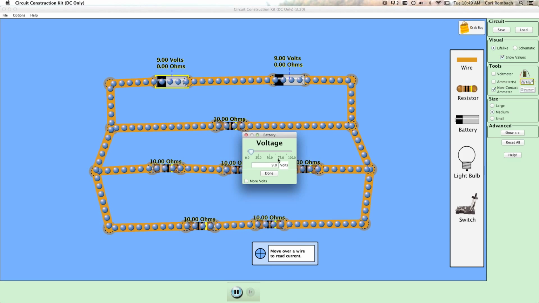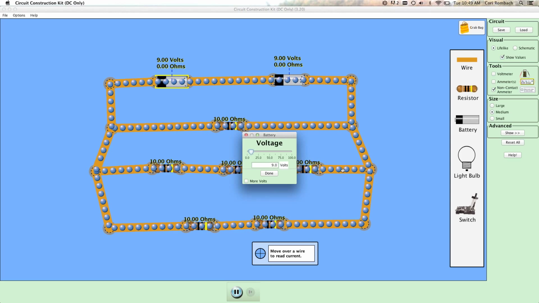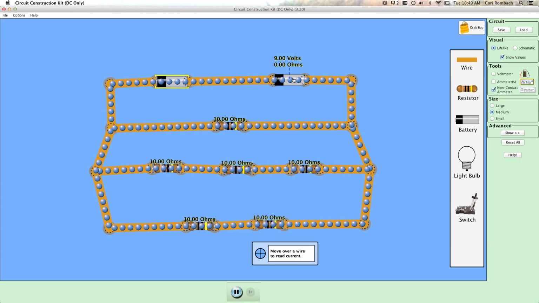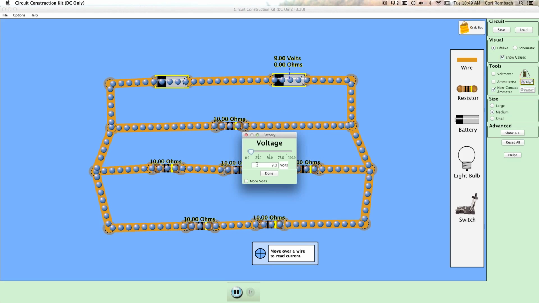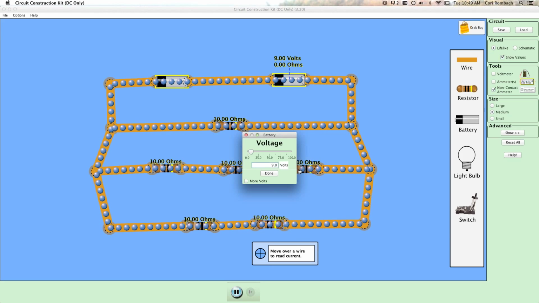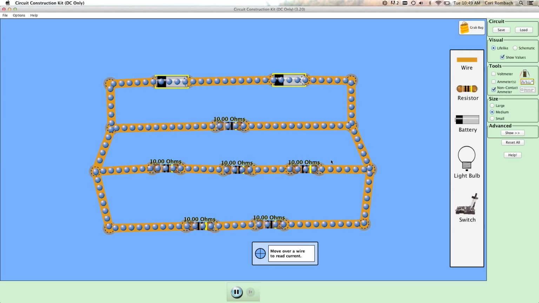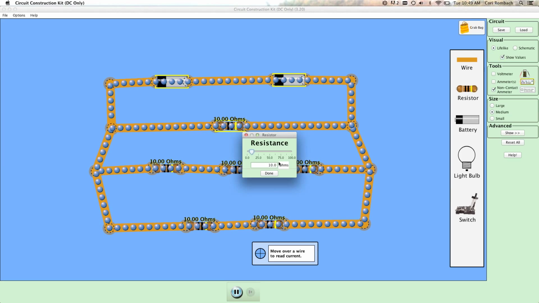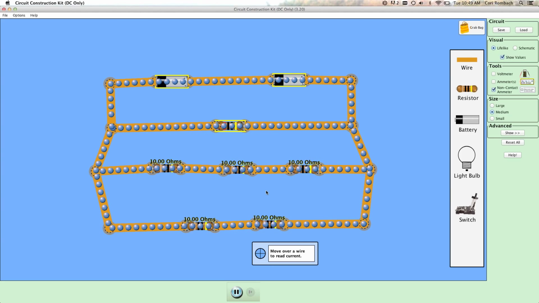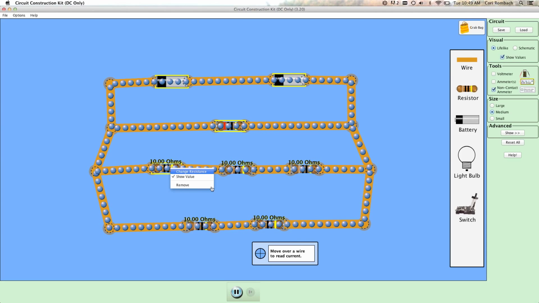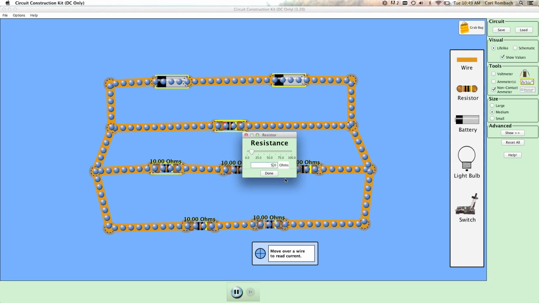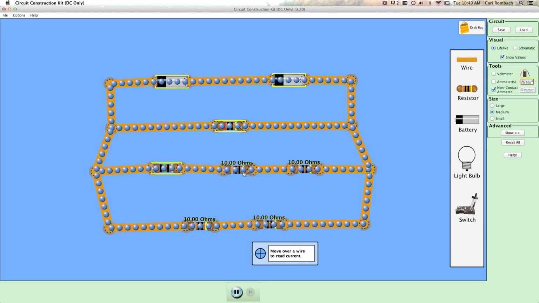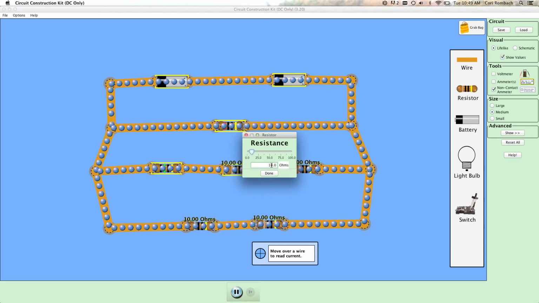Okay, so change my voltage. I need 12 volts and 12 volts here as well. 20 ohms. 5 ohms. 5 the whole way across this branch, actually.